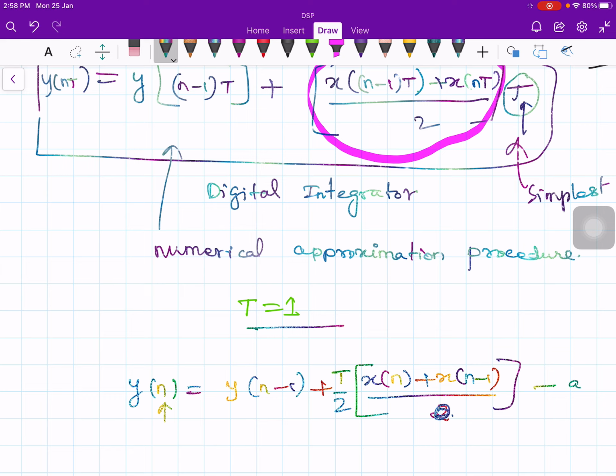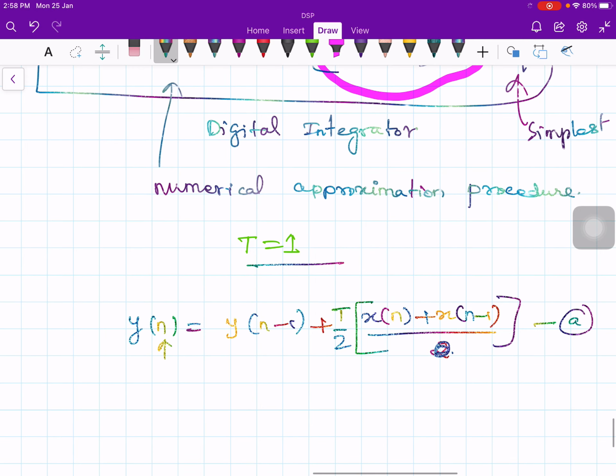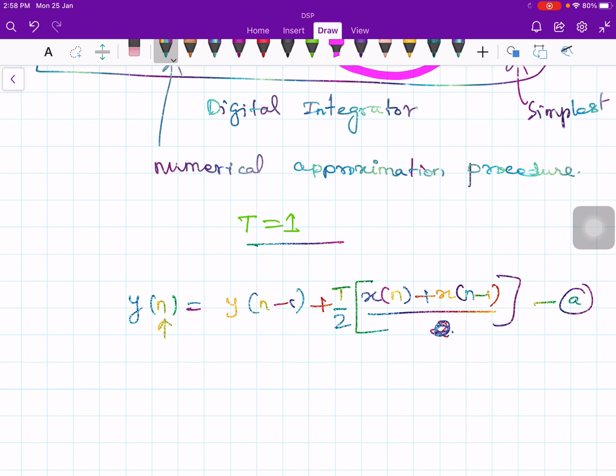Let's say this is equation number A. From equation A, can you guess whether it is an FIR or IIR system? It is not obvious. The only thing that I know is that it is being computed recursively. I can compute y of n recursively, but it doesn't mean that it is an infinite impulse response system or a finite impulse response system.